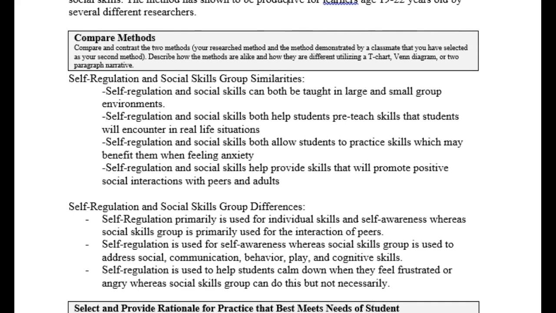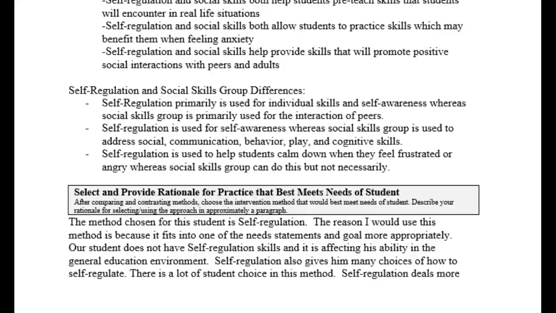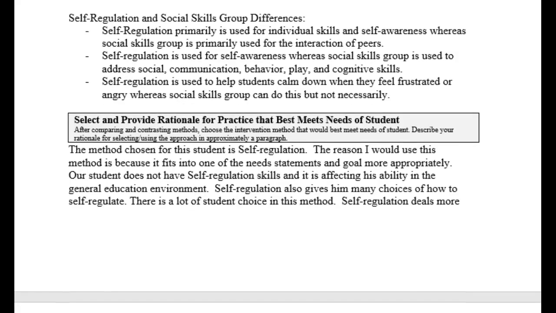So you'll talk about how your method that you chose initially, the self-management, self-regulation, and social skills groups are similar and how they're different. And then you'll select the method that you think is going to best meet your student's need and provide the rationale. And so the method chosen for this student was self-regulation, which is the one they started with.